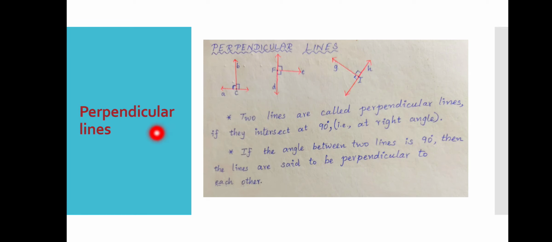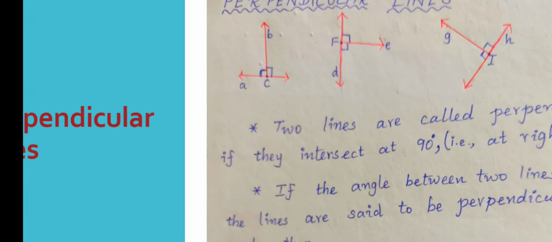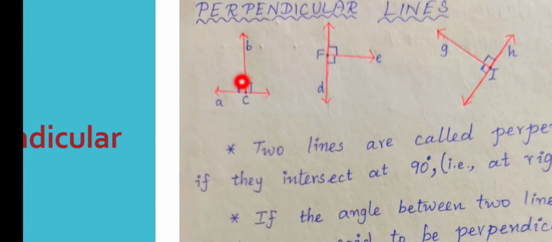Last one, perpendicular lines. Two lines are called perpendicular lines if they intersect at 90 degree. See, we are given examples. We have marked the point of intersection.